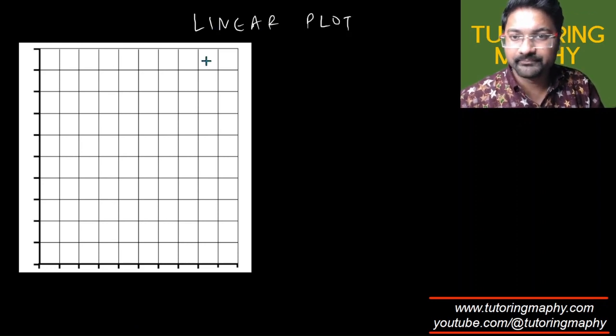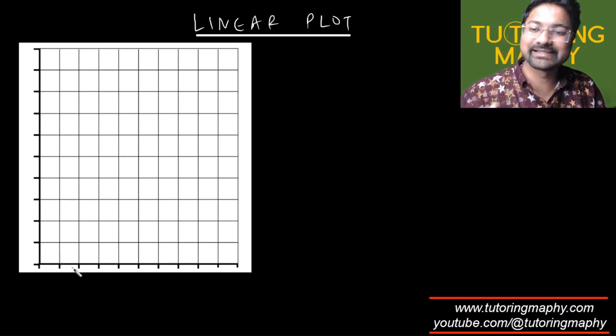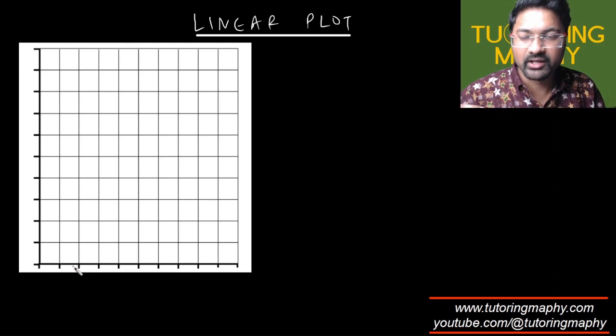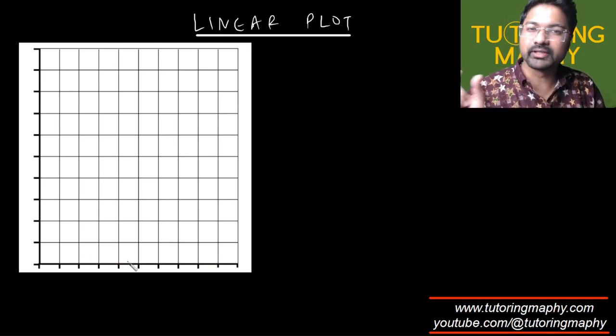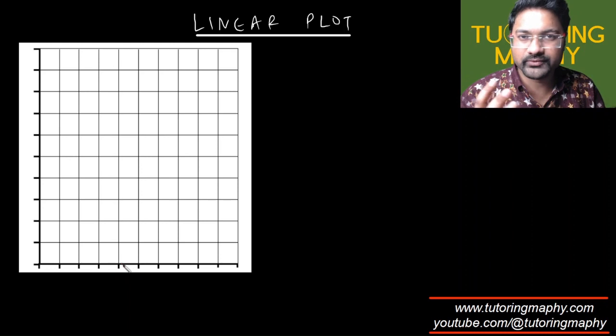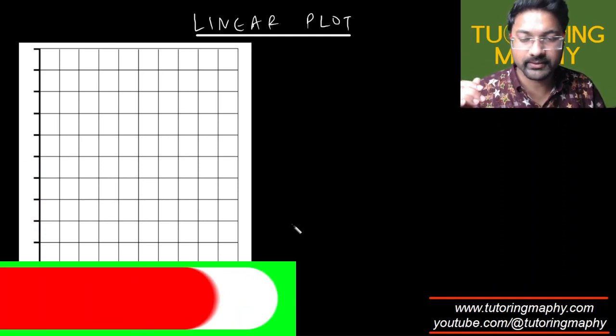Because as you can see, the x and y axes are scaled linearly, like the distance between 0 and 1 and 1 and 2 units is the same, likewise 2 to 3, 3 to 4, 4 to 5. So it's equally spaced, for x as well as for the y axis. We have been using this all along, so we are very well aware that this is a linear plot.